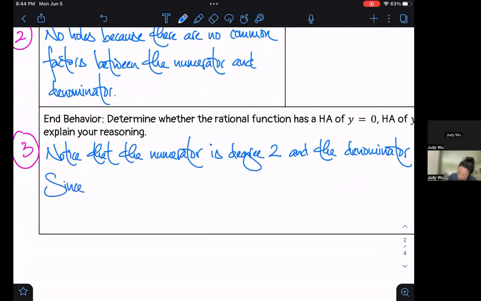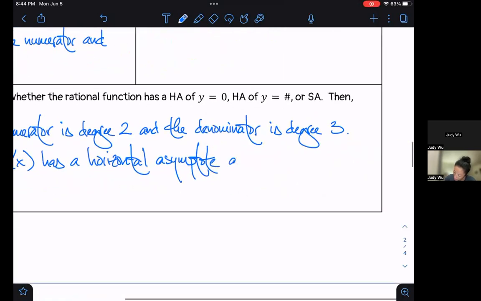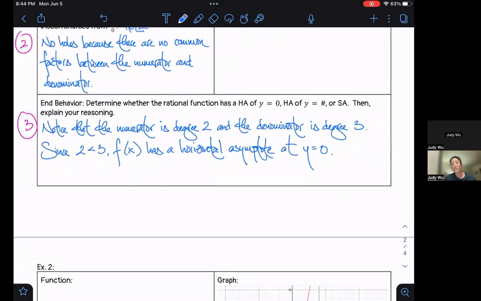Since 2 is less than 3, okay, f of x has a horizontal asymptote at y equals 0.